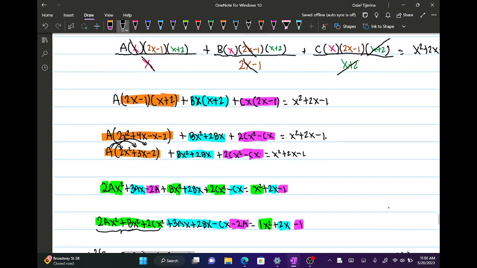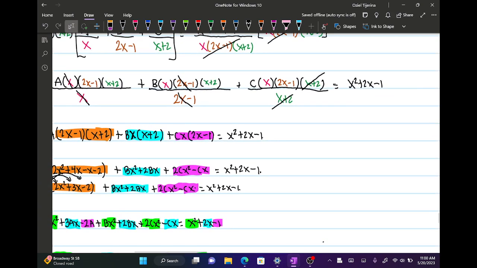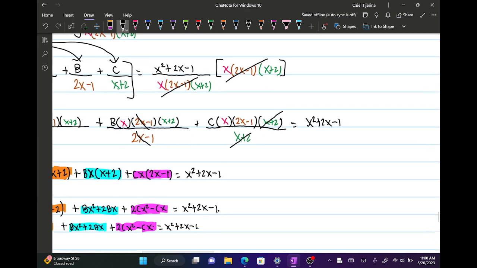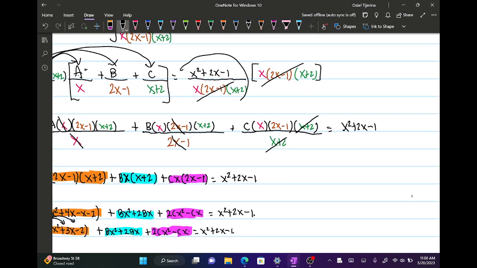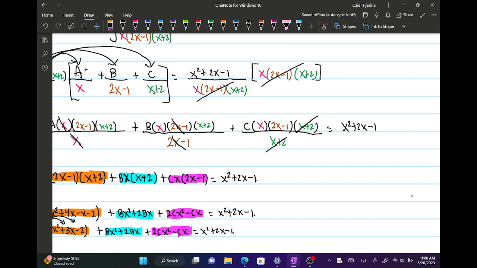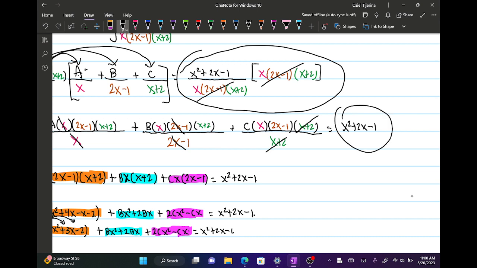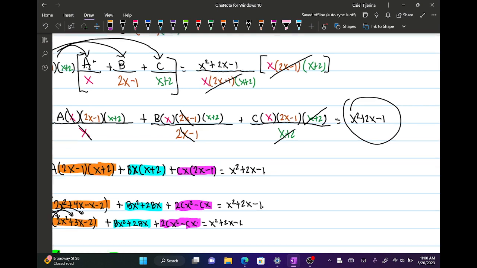And so, from here, of course, I made it equal to x squared plus 2x minus 1 because this whole thing was really this over here, right? So I want to make that very clear that this entire thing was this right here because they all canceled out. So I was just left with x squared plus 2x minus 1 on the right. Okay.